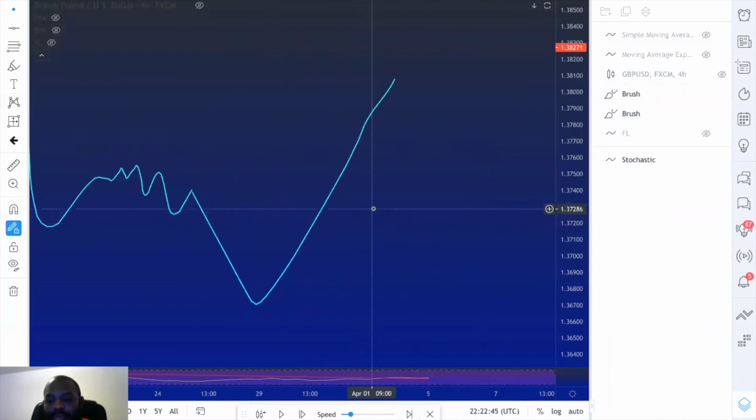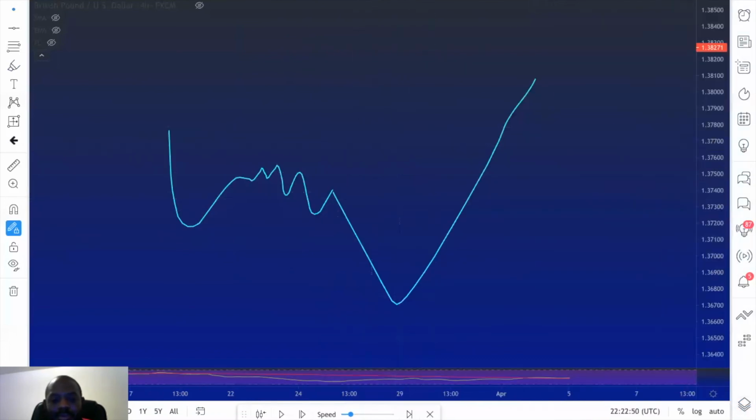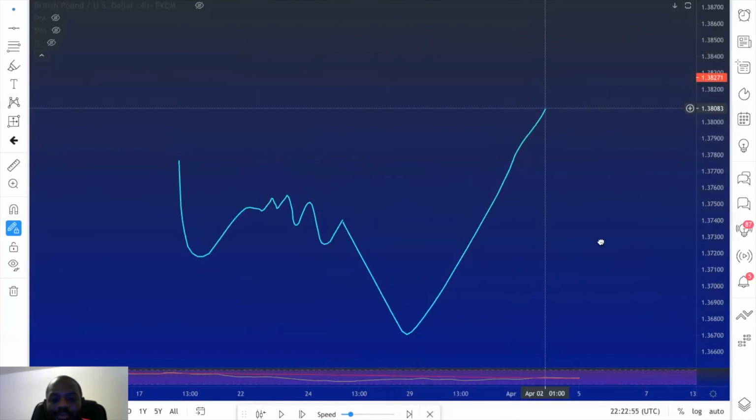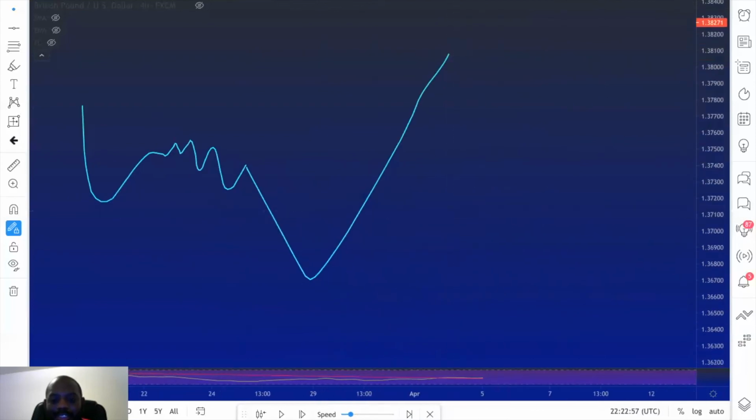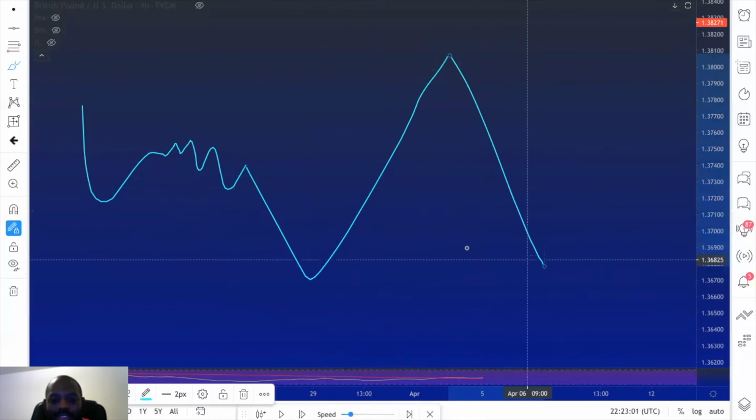And when it keeps going, after this it's gonna go down again because it's a high to a low. To determine how low it's gonna go though, that's where you do a fib from here to here, right?